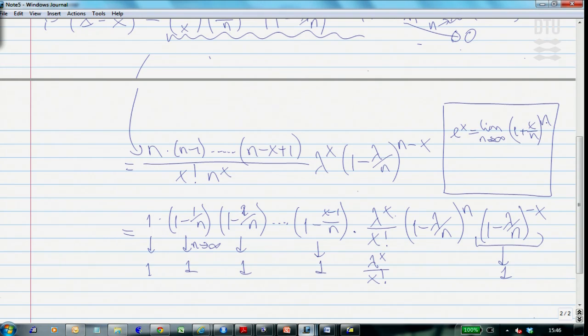If I use this classical representation, I see that this term tends to e to the minus lambda, and you will recognize that all I'm left with here is exactly the Poisson formula. So this is the proof of why the Poisson probabilities appear like this.